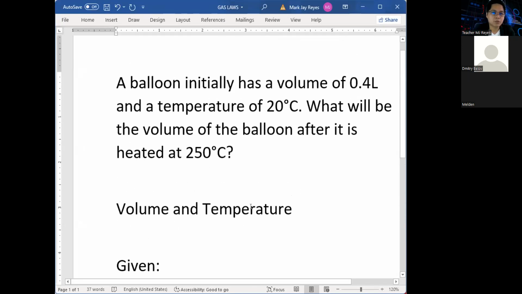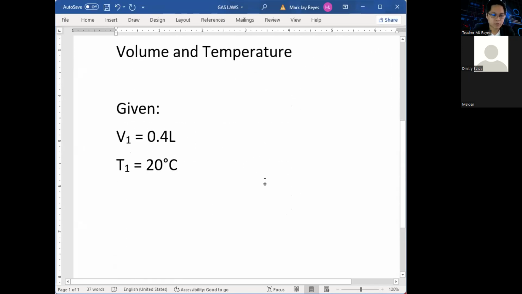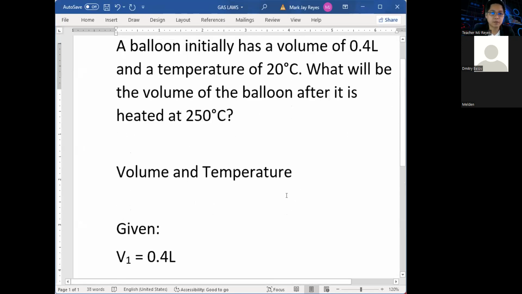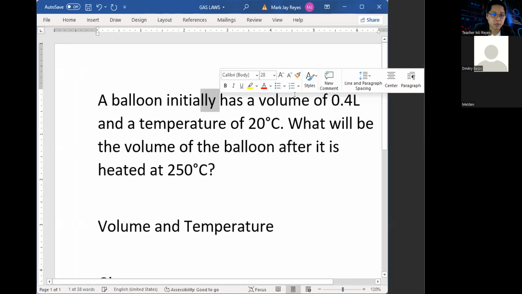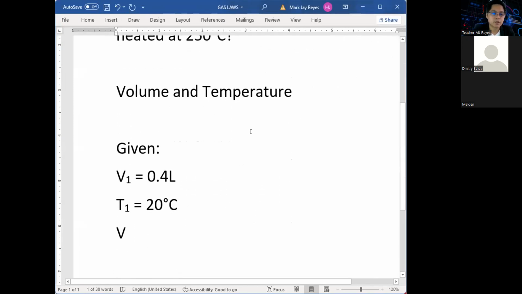How about V2? Again, we have two volumes involved here. Based on the problem, you can identify those. If it is initial, this is V1. Initial and final. Other books use Vi and Vf, volume initial and volume final.